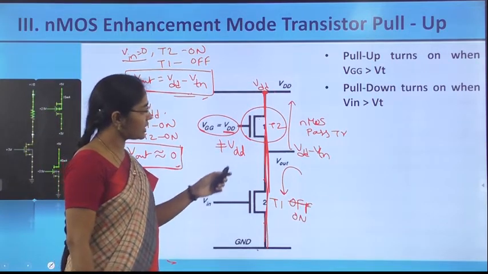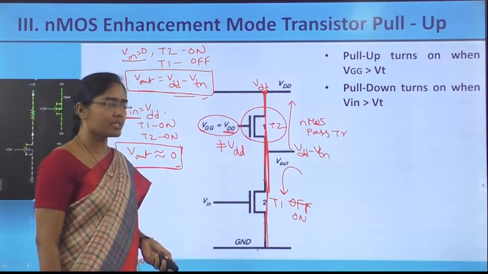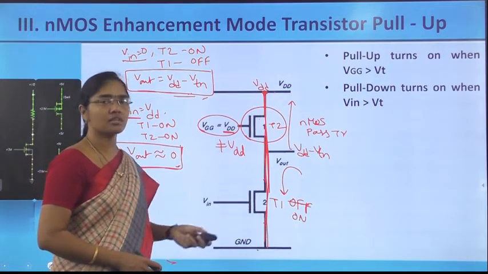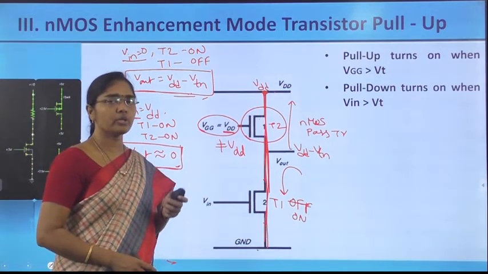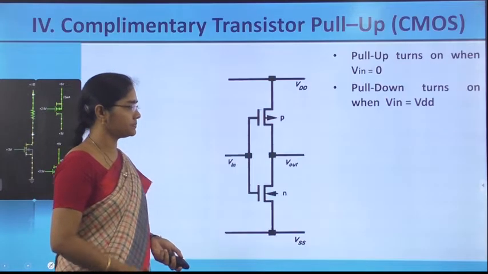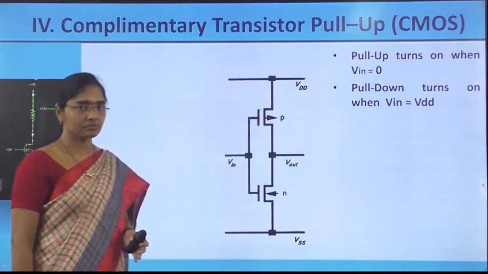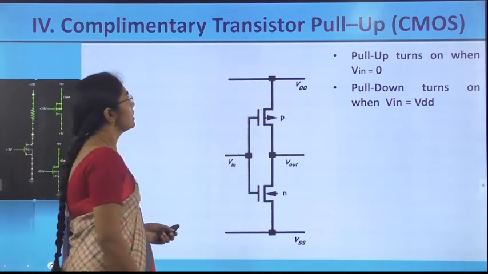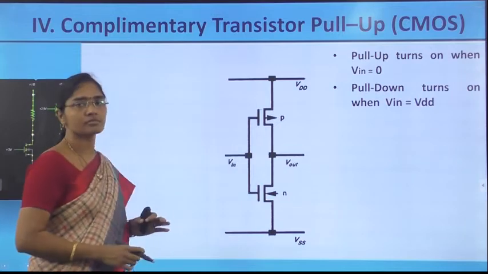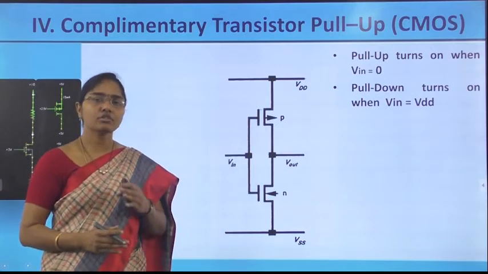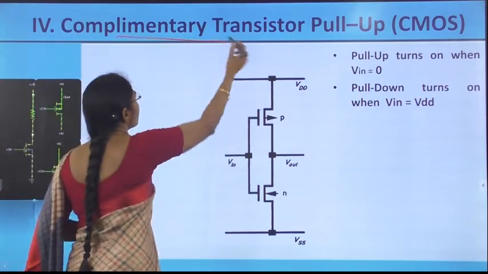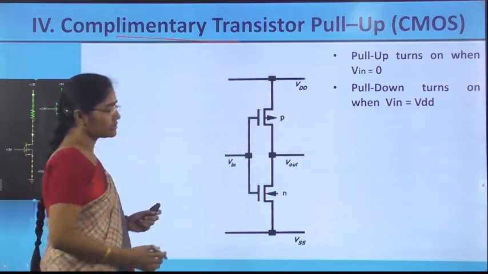To rectify that, this load device is replaced with the next solution, a PMOS transistor. Let us see the load with a PMOS transistor. See the fourth alternative pull-up, that is, a complementary transistor as the pull-up.